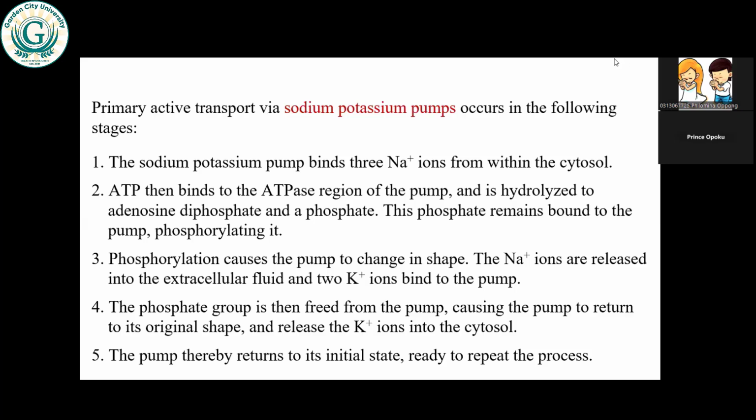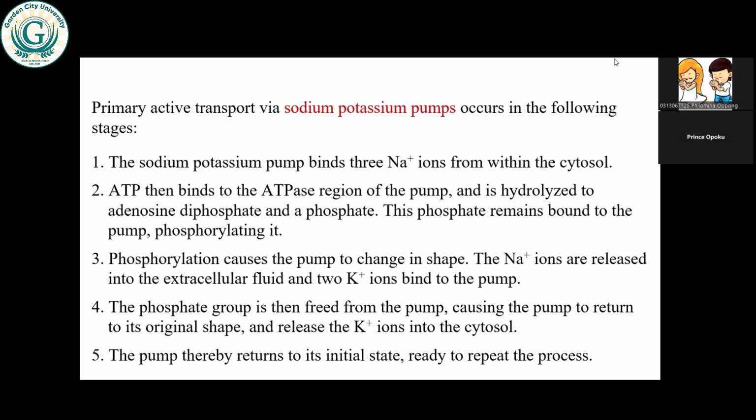This free phosphate ion attaches itself to the pump, thereby changing the shape of the pump. When the shape of the pump is changed, it allows the 3 sodium ions that bound to the pump to escape from the membrane to the extracellular compartment.